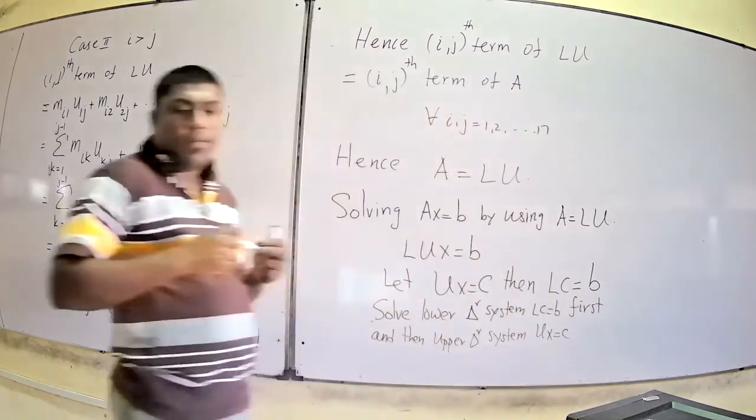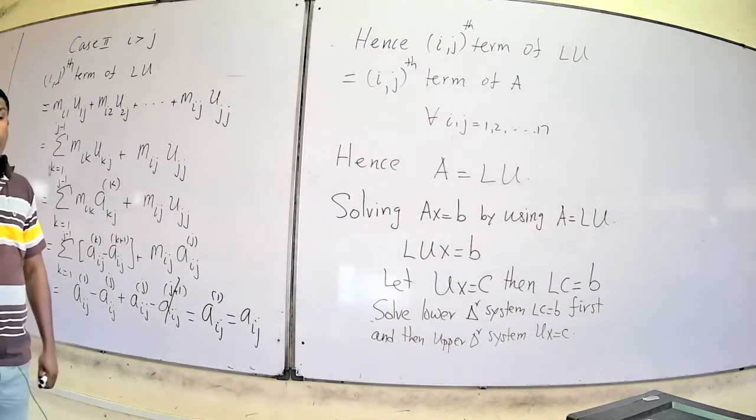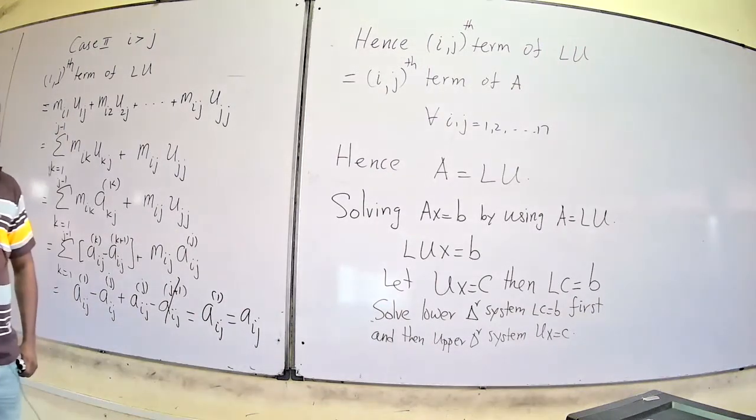Here what we do is we solve two systems. First a lower triangular system LC is equal to B, and then the upper triangular system UX is equal to C.